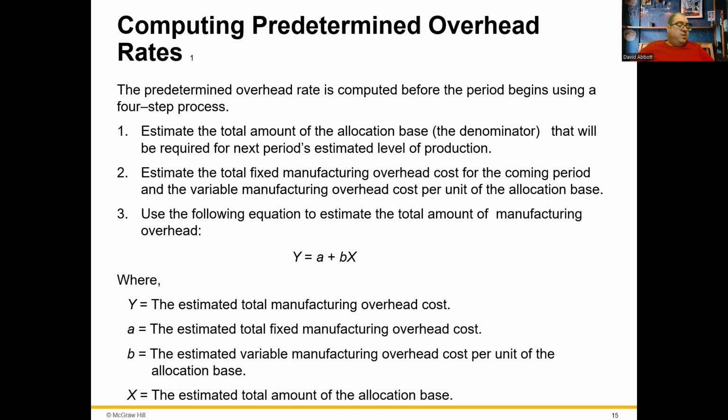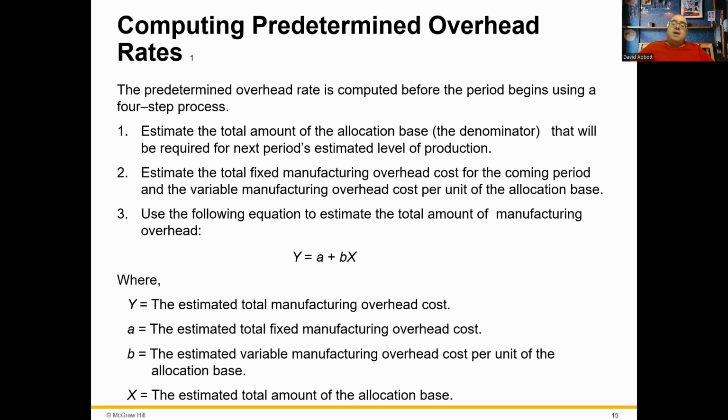The third step is to use the cost formula to estimate the total manufacturing overhead costs. So that would be Y equals A plus BX. Y is the estimated total manufacturing overhead cost, which we're trying to find out.